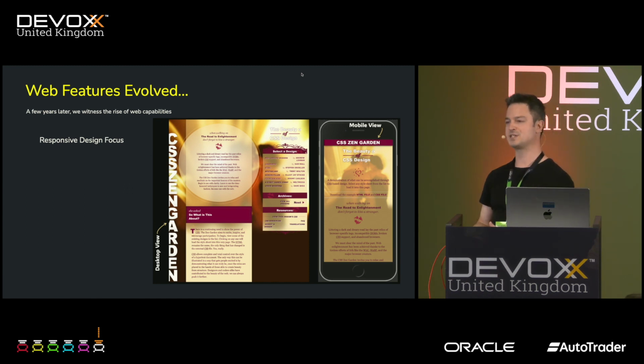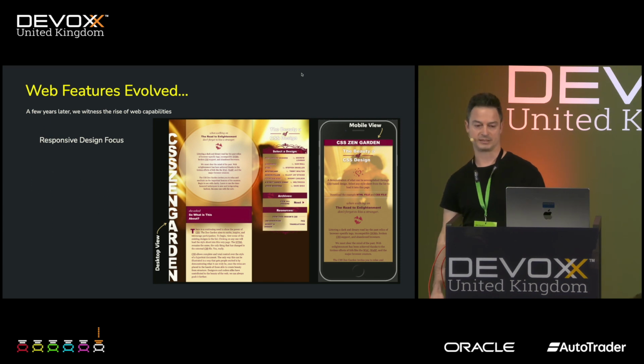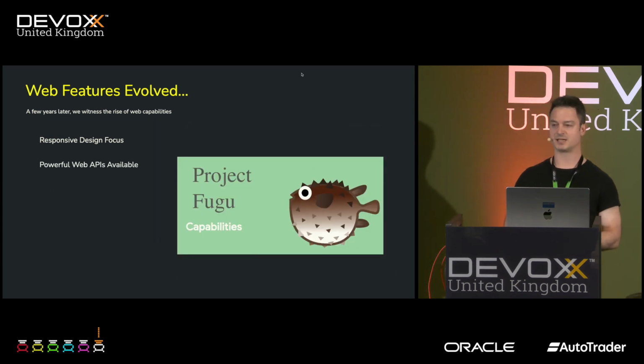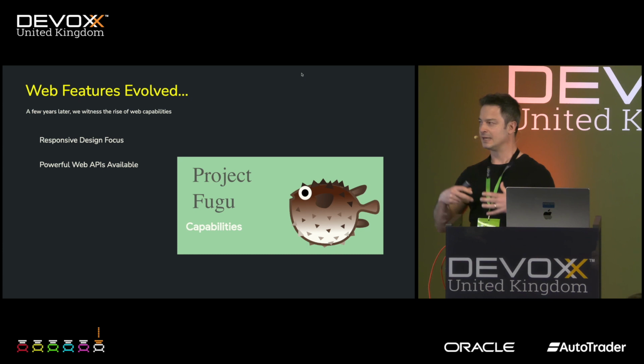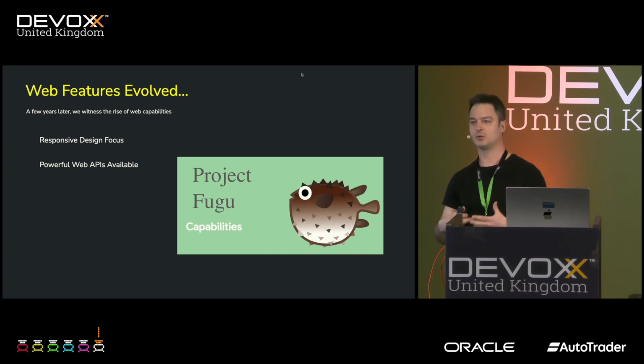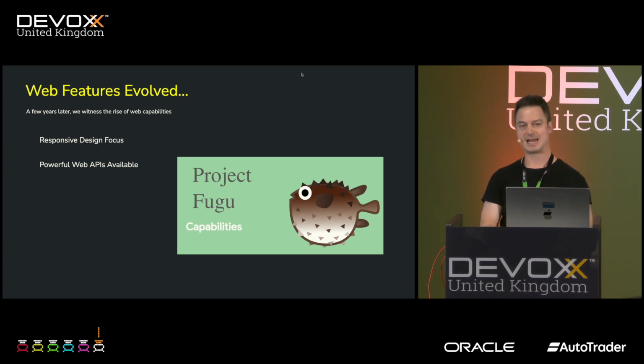All websites must be responsive and easily adapted, with a good layout also for mobile devices with a small viewport. Thanks to projects like Project Fugu from Google, there was the possibility to integrate web APIs and provide functionalities that were before a peculiarity only of native apps.